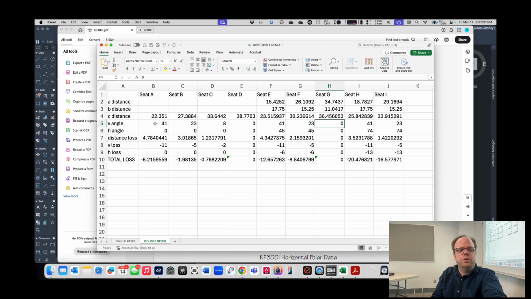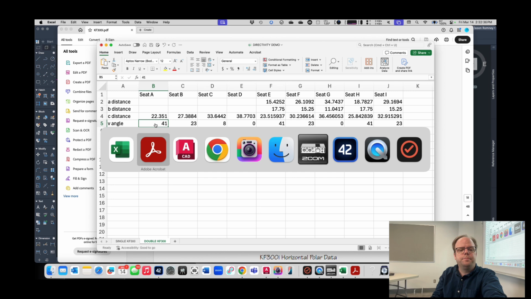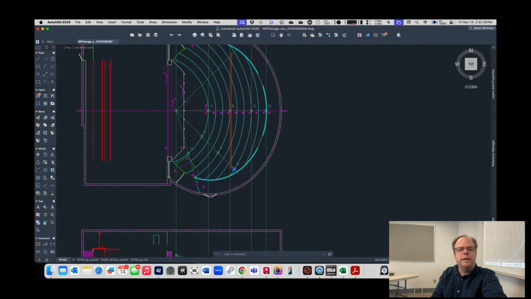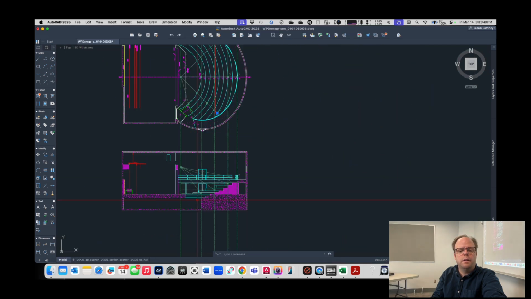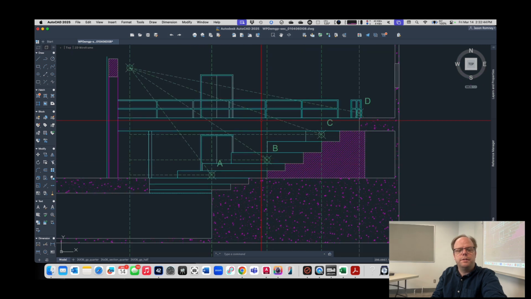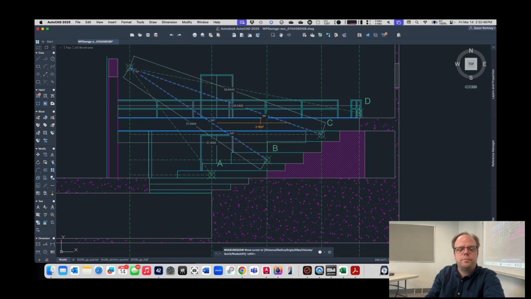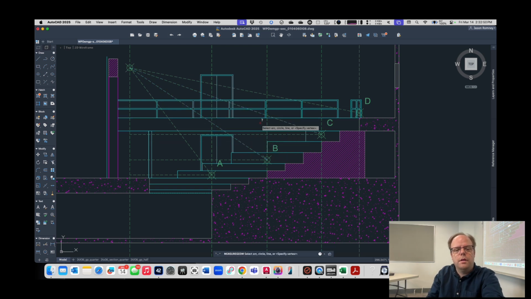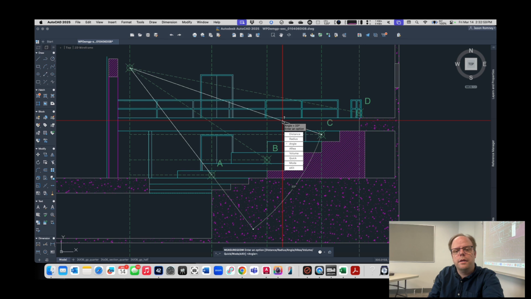So let's get new angles now for the vertical. To seat A, I'm now going to compare it against seat C vertically, right? Angle that to that.